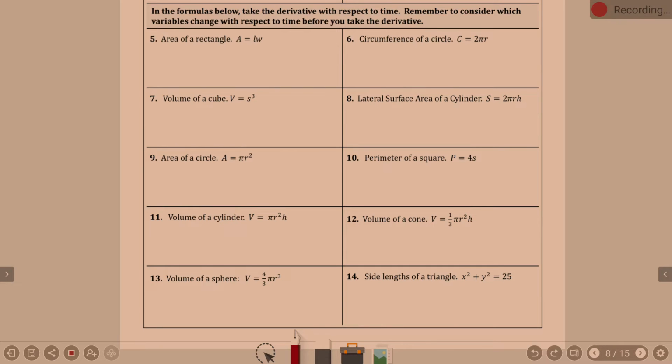So when we talk about taking the derivative with respect to time, that means when I say the derivative of area, we're going to say dA/dt.